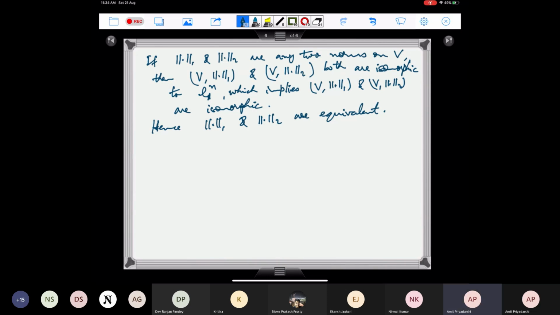Is this clear? So the main idea is simply showing that if we have any finite dimensional normed linear space, then you show that it is isomorphic to L1^n. Once you have shown that, then you get that any two norms are equivalent.